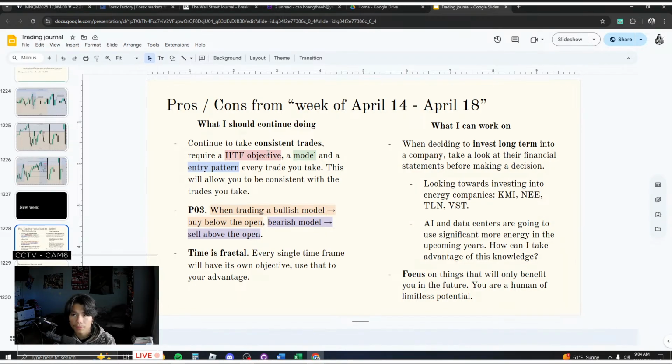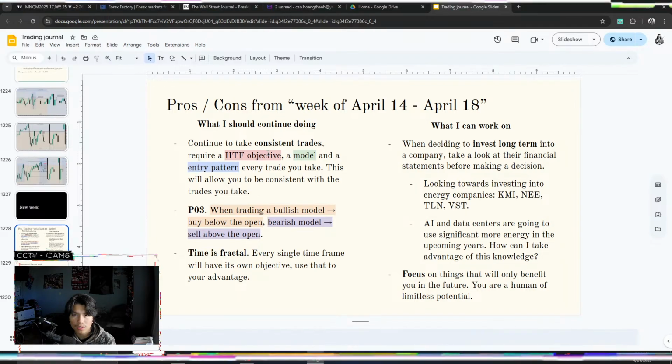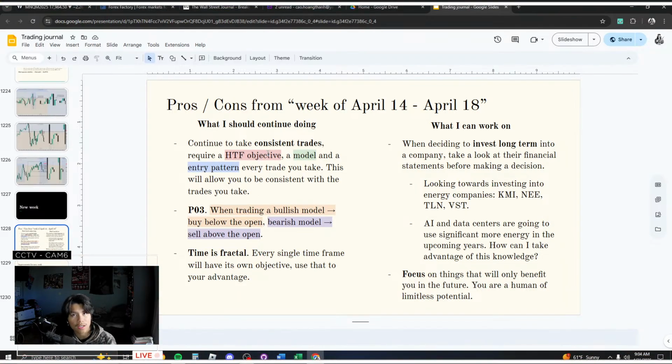The model is a concept where I'm going from the higher time frame onto a lower time frame relative to the higher time frame, right? So I could go from the 4-hour onto the hourly for my model. That helps me align myself with the higher time frame objective.